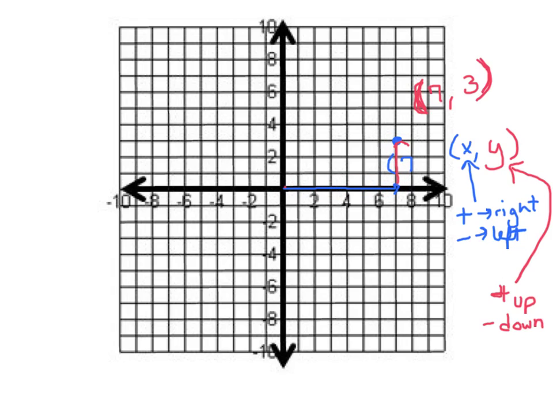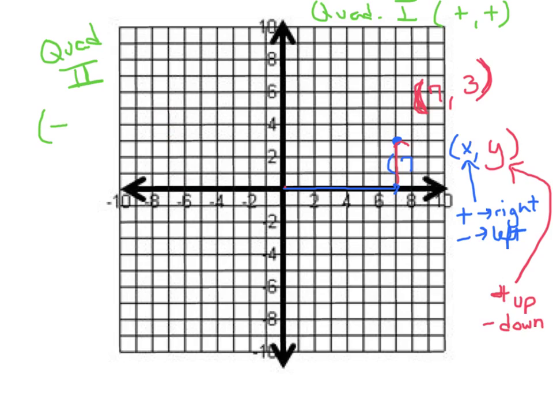This will also tell us things about the quadrants. If this is quadrant 1, my coordinates will both be positive, the x value and the y value, because to get into this quadrant, I would have to go to the right, and then up. Quadrant 2, on the other hand, I would first need to go in the negative direction for x, but then in the positive direction for y, because I would have to go up.